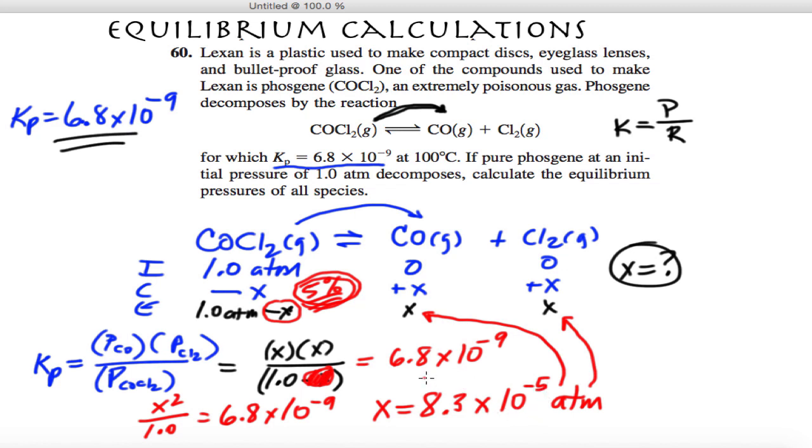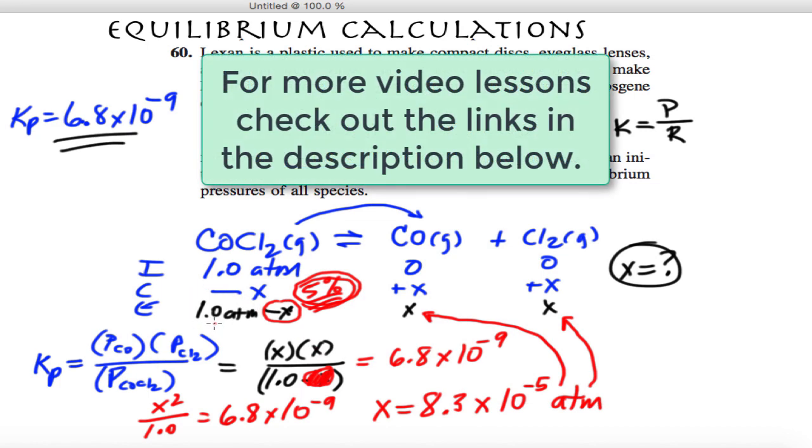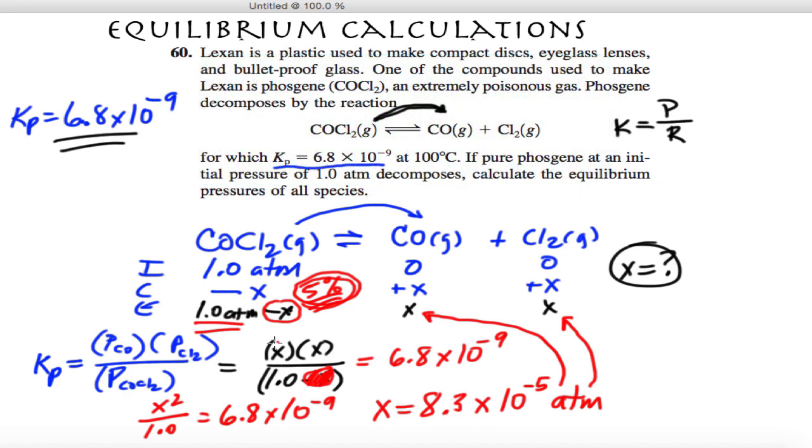Notice that this is your answer for carbon monoxide and your answer for chlorine. If I took 1 ATM and subtracted out 8.3 times 10 to the minus 5, and rounded using significant figures, it's 0.99992, which rounds back to 1 using the significant figure rule when we add and subtract. So the answer for the phosgene is going to be 1 ATM.